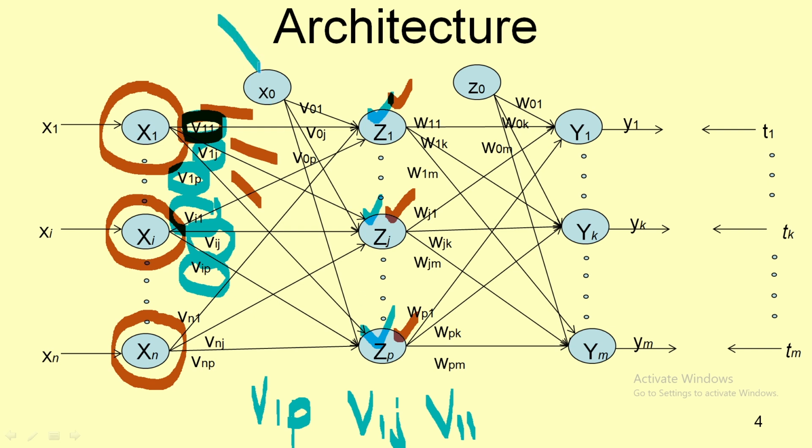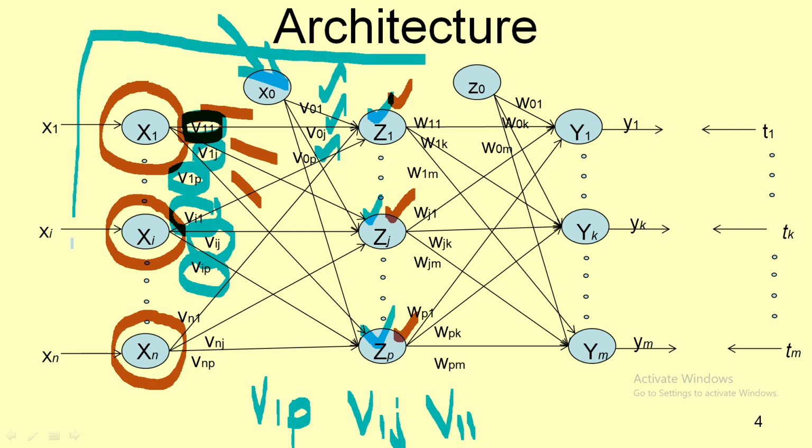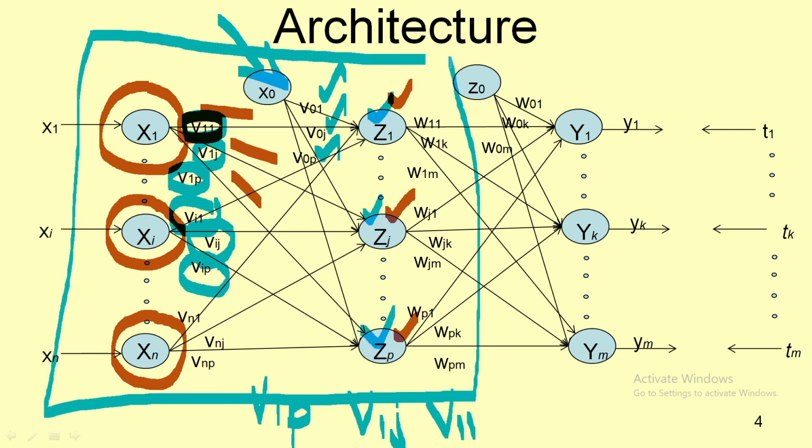And we can notice that there is one bias, x0, and it is also denoted as v01, v0j and v0p. So this is the way in which you can study the input connection between the input layer as well as the hidden layer. Similarly, the same kind of connection parameters are available between the hidden layer as well as the output layer.